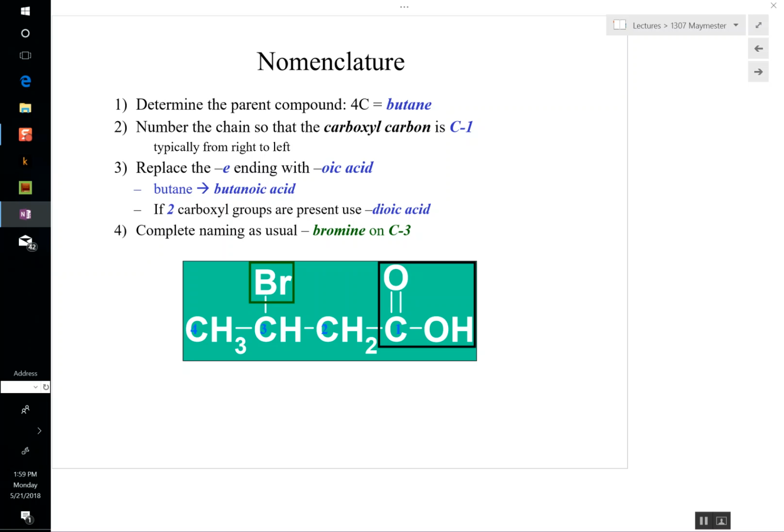So we add the word acid to it now. It's butanoic acid. And then we pick up this bromo group, 3-bromobutanoic acid. Like the aldehyde, we don't have to put a 1. We don't have to say what carbon the carboxyl group is on, because it's always going to be on the end.